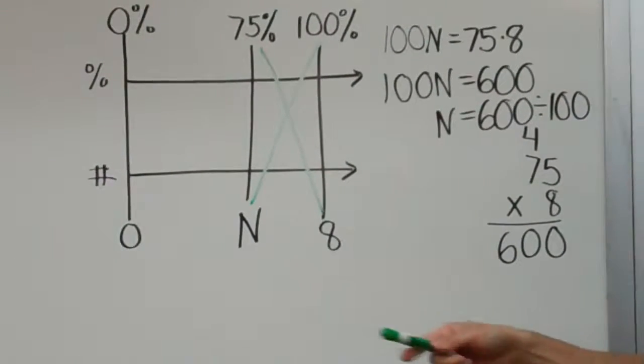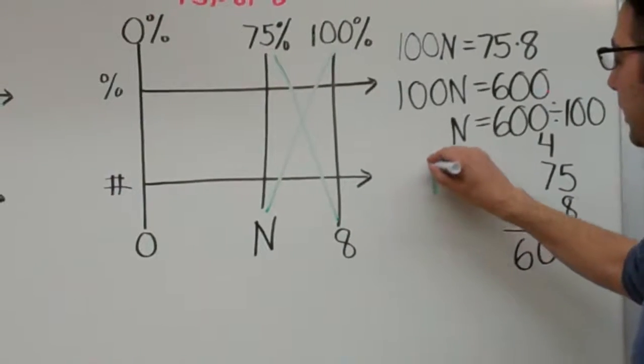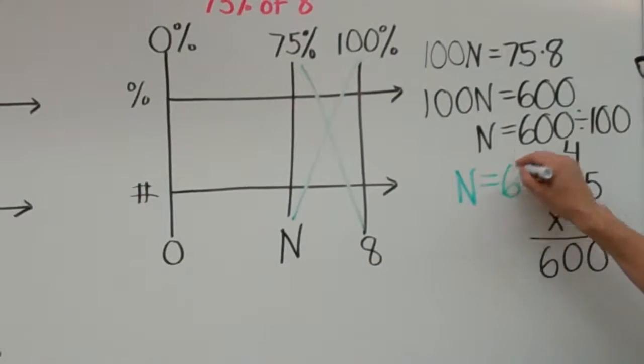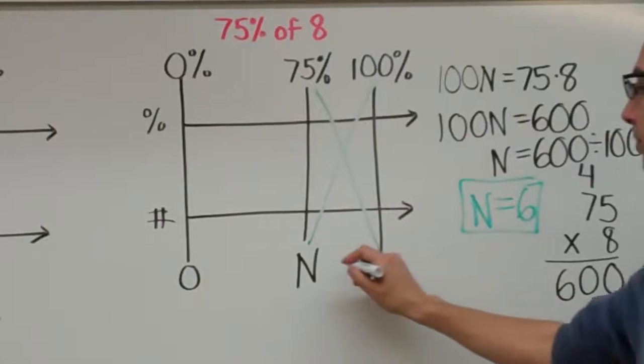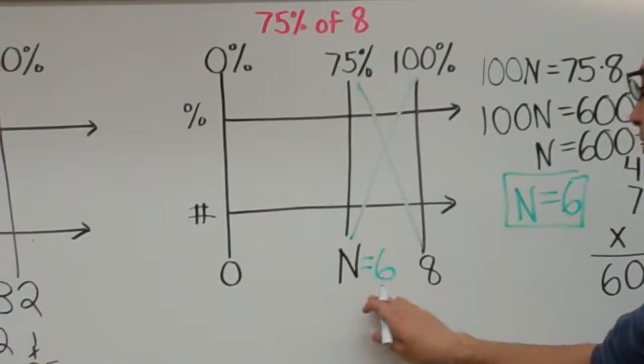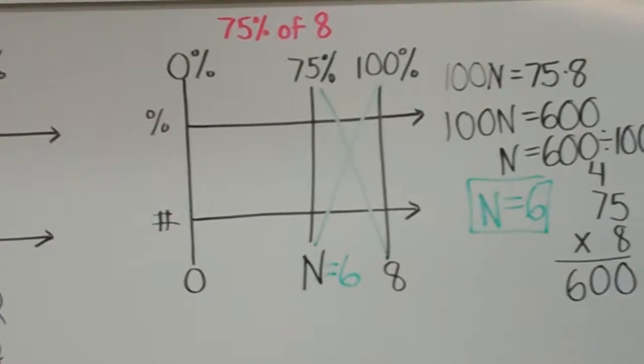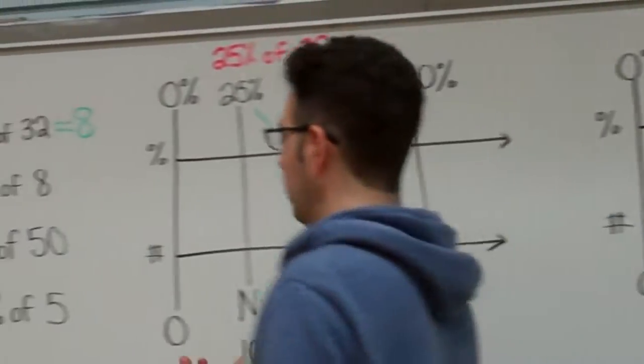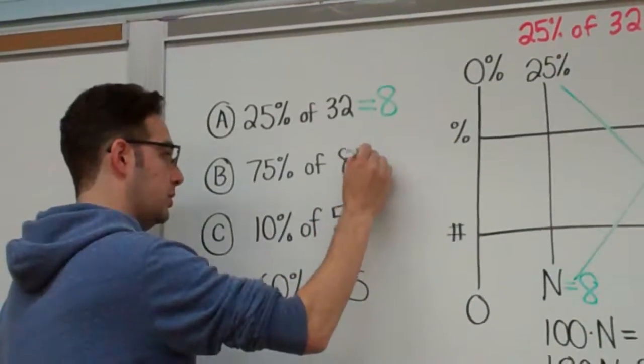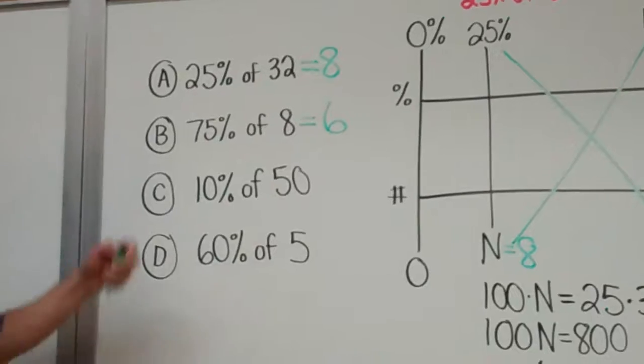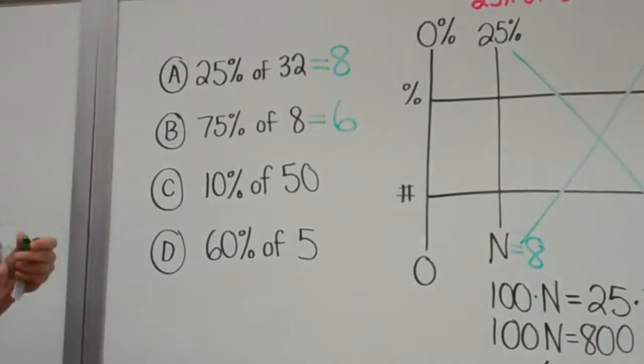And very similar to the problem we just did, you can do that in your head. N equals 6. N is 6, which also makes sense given that it's close to 8. And roll it back over here. We have ourselves an answer of 6. So far, the one with the least value is letter B.